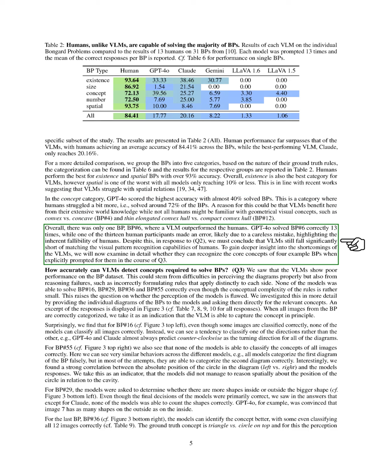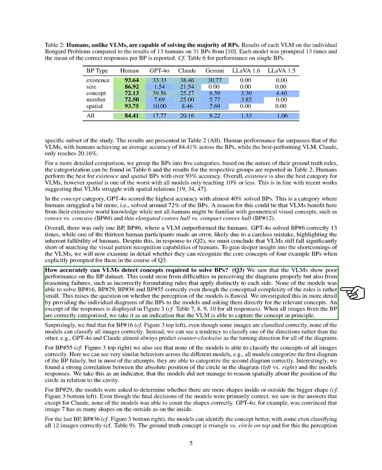In Q3, we examined whether VLMs could accurately identify the core concepts of 4 example BPs when prompted. Despite the model's poor performance on the BP dataset, we found that they struggled with perception and reasoning. None of the models solved certain BPs correctly, even though the rules were not complex.